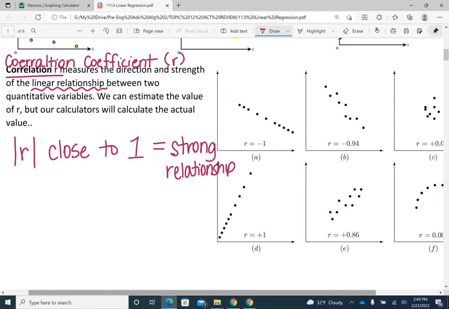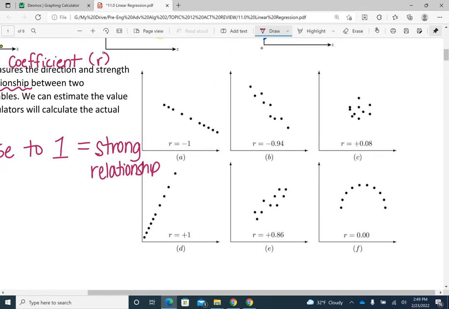And then I have some pictures right here of different values of R. So if R is 1, like in figure D, then that means all of the points are on the line that you come up with the equation for, and the slope is 1. If R is equal to -1, all the points are on the line, and the slope is -1. And those would have equal strength.